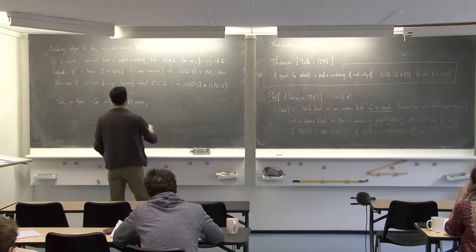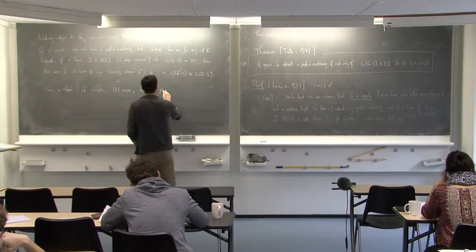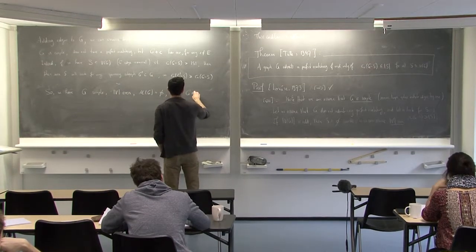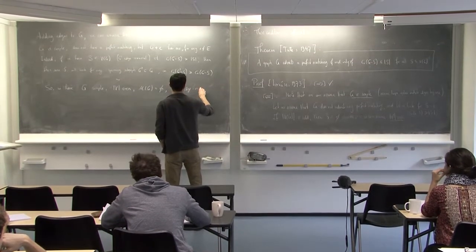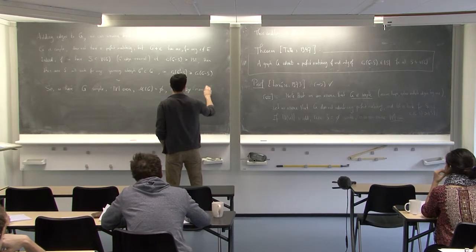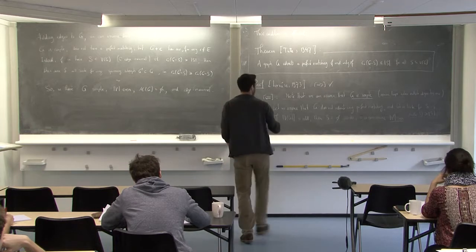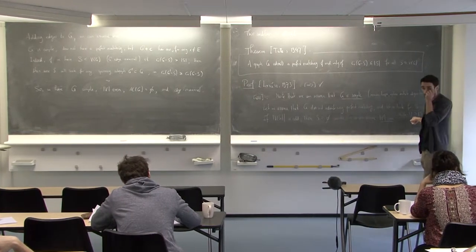It does not admit any perfect matching, so let's write it this way. And G plus e has a perfect matching, and G is edge maximal. Okay, and we are looking for an S such that this inequality here holds.